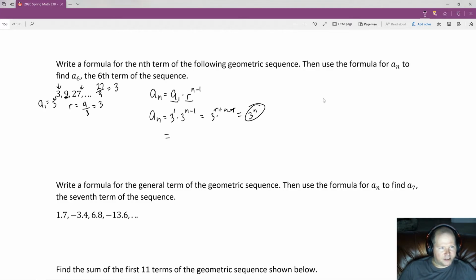So what we'll have here is we want to know the sixth term. So what we would do is say this is the first term, which is 3, times 3 to the n minus 1, which is 6 minus 1. So it would be 3 times 3 to the 5th, and we would have ended up with 3 to the 6th power, which is 729.